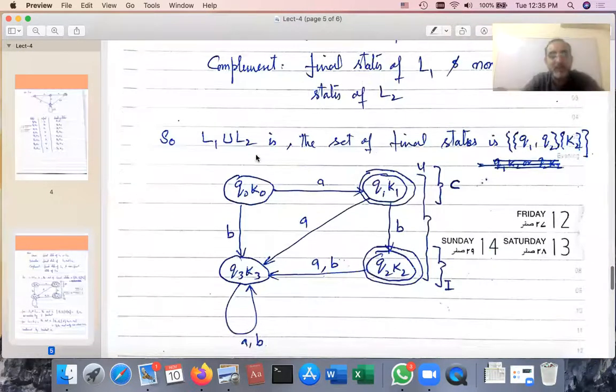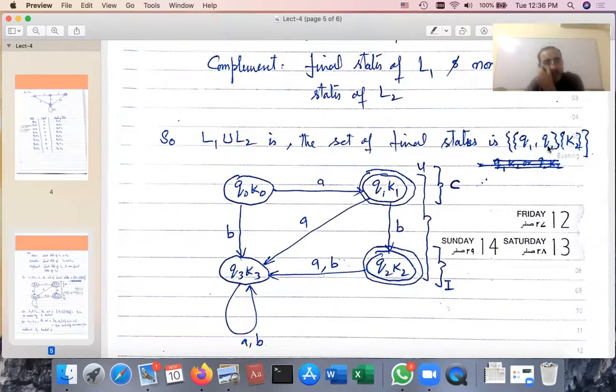So for example, you can consider how you can do this easily using mathematics. I am again going back to union. For the case of union, I have to write L1 union L2 is the set of final states. What are the final states of L1? This Q1 and Q2. And what is the final state of L2? This K2.